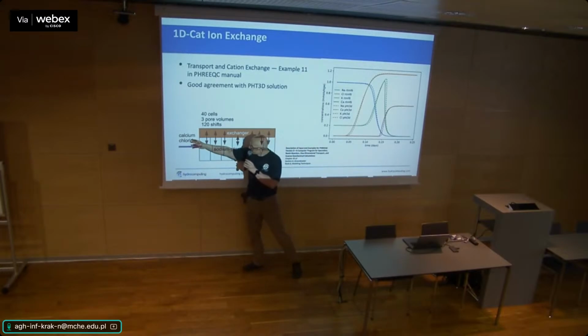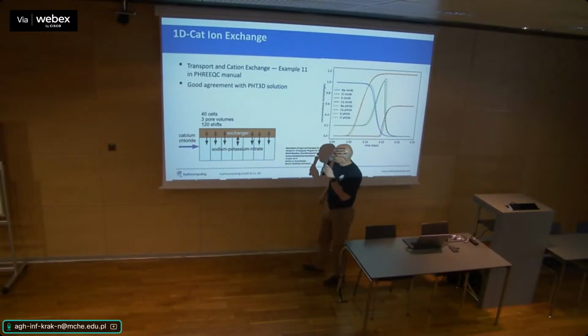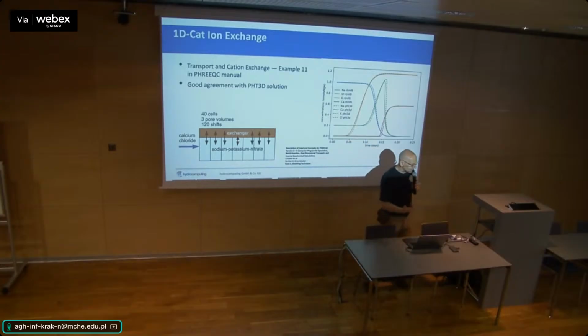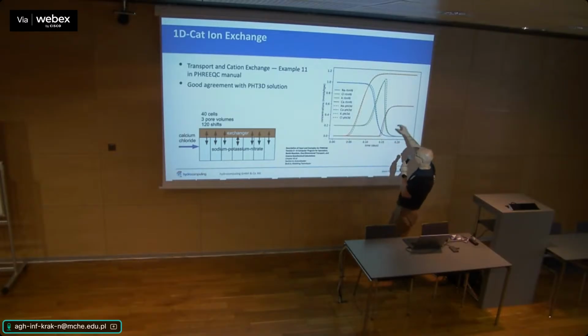You have chloride and calcium coming in as a source, and it travels through. If you didn't have this exchanger, you would have a breakthrough curve, and everything would break through at the same time. But since you have an exchanger, those components travel at different speeds, and that's what you can see here. If the exchanger wasn't there, there would be one breakthrough curve. Now you have a multitude of breakthrough curves, and they're all somehow different.